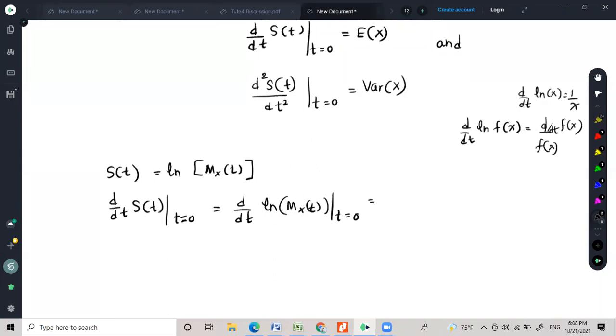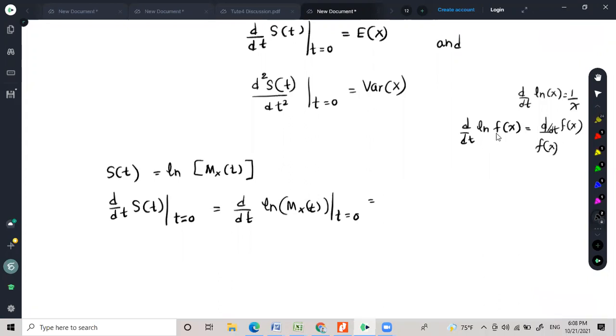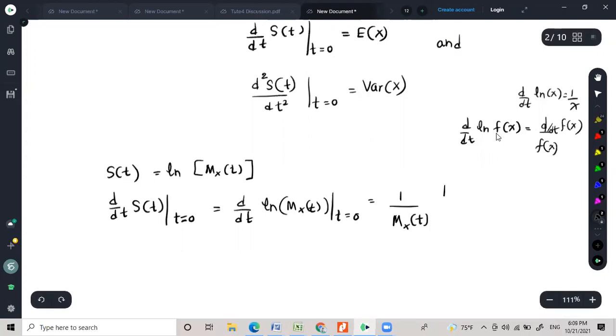But when you have a function of x, you take 1 over f(x) and then times the derivative of f(x). That is the chain rule, right? So let's do the same thing here. Now our f(x) is like the M_X(t). So you have 1 over M_X(t), fine, and then you have to take the derivative of M_X(t), right? And then you set this t equal to 0.